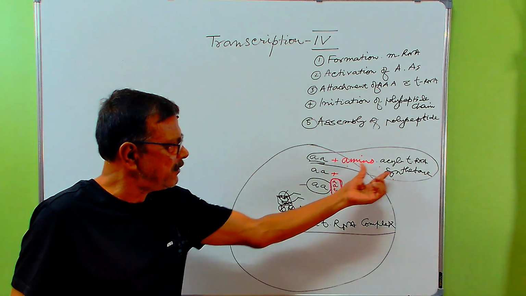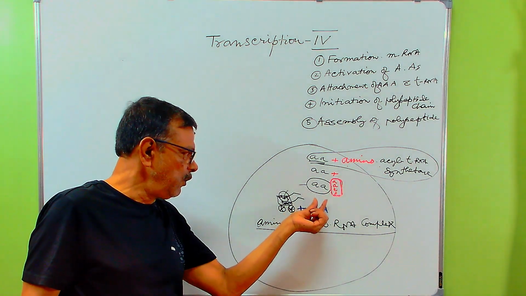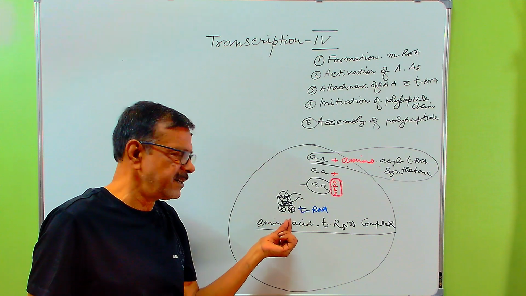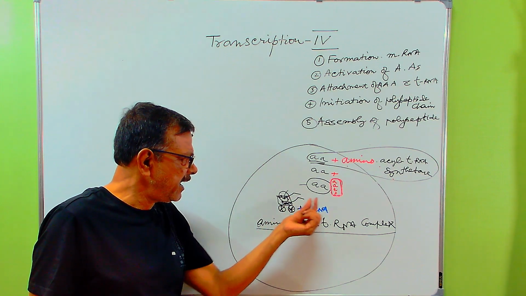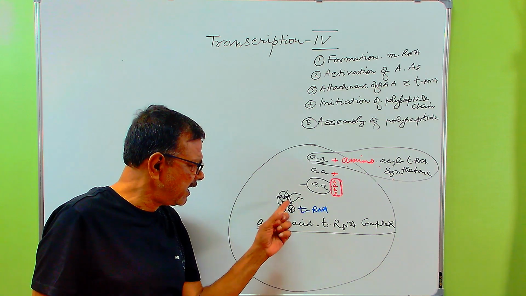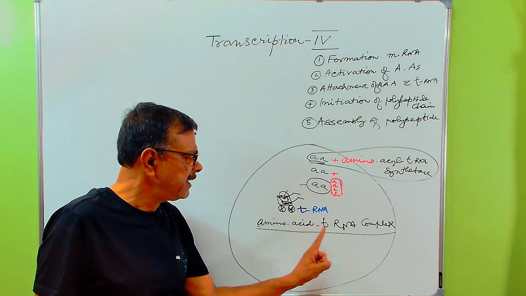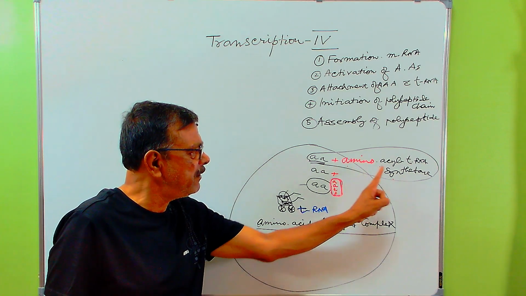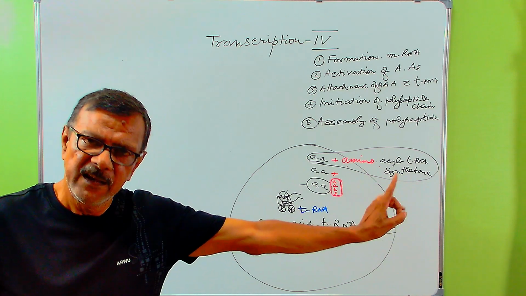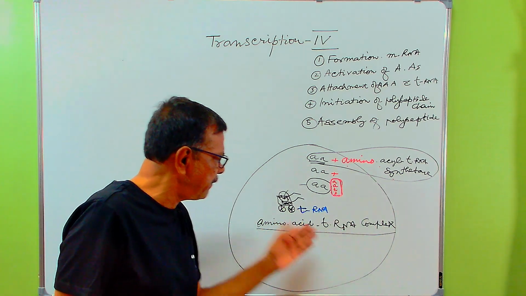Up to this point amino acid tRNA synthetase holds the amino acid and tRNA, and this tRNA with the amino acid is known as amino acid tRNA complex. Clear?